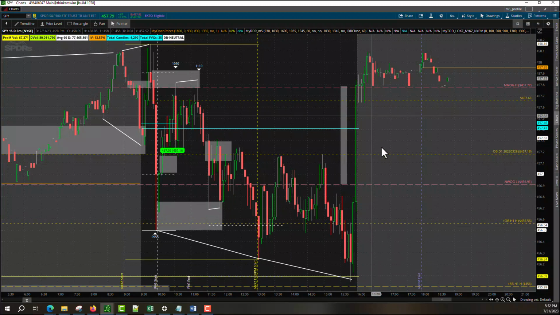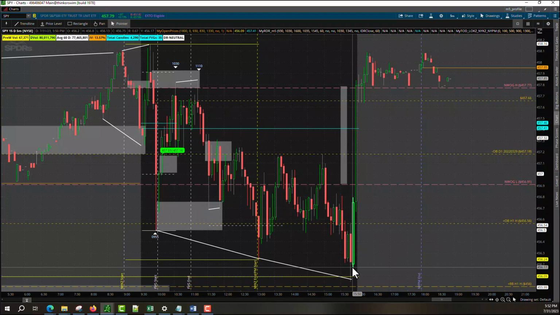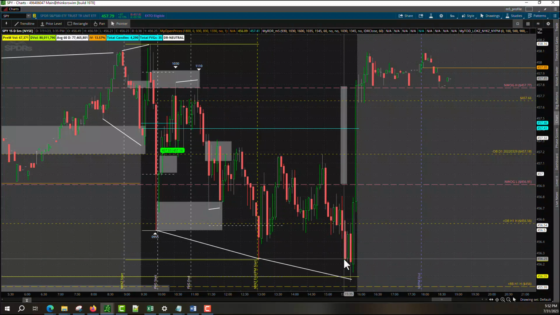Manipulation and expansion right there. You see, it looks like a breakdown, but actually it manipulates and then goes up.